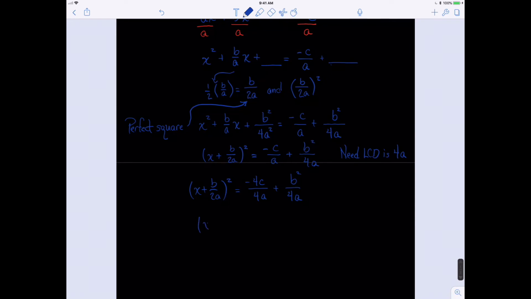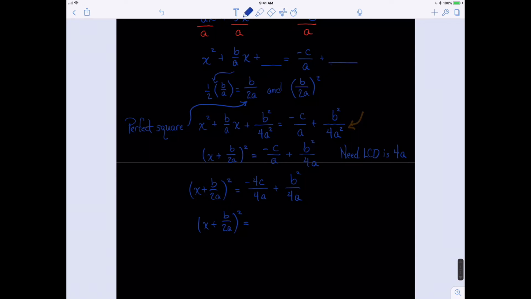Now let's combine our fractions. So this is going to be x plus b over 2a squared equals, oh, that's where I made a mistake. I knew something was wrong. What was wrong was I forgot my squared right up here. So let's fix that.